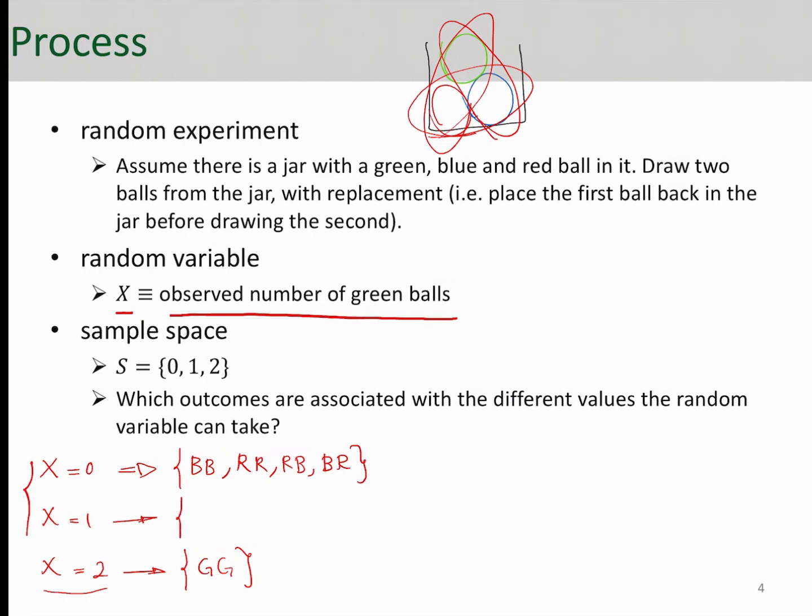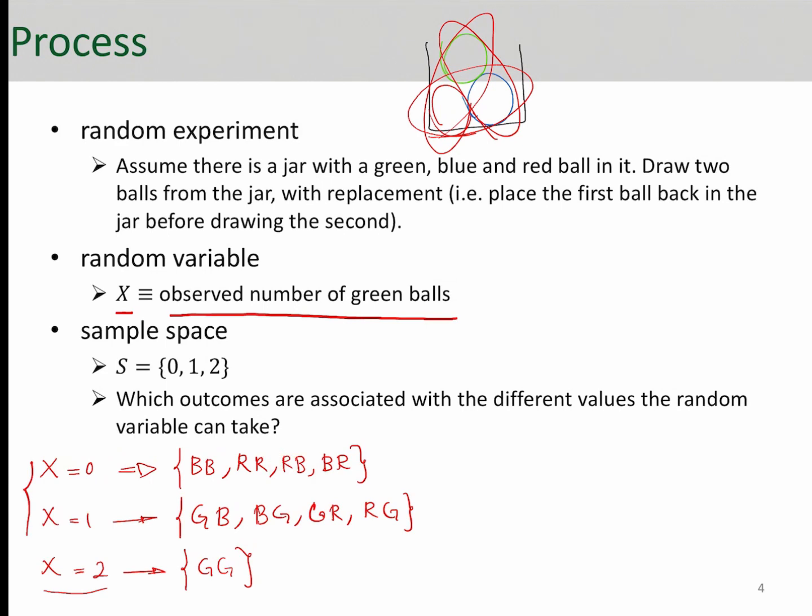And x is equal to 1 is when we have 1 green in our outcomes, and only 1 green. So green blue, blue green, green red, and red green. So 4 outcomes there. So here you realize the relationship between the random variable and the number that it gets with the outcomes in the random experiment.